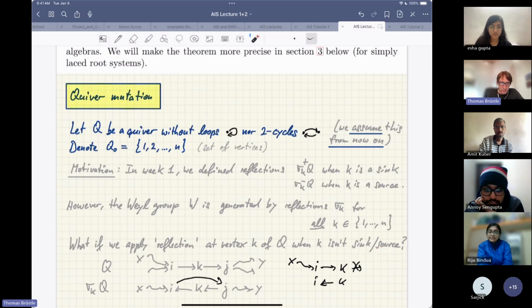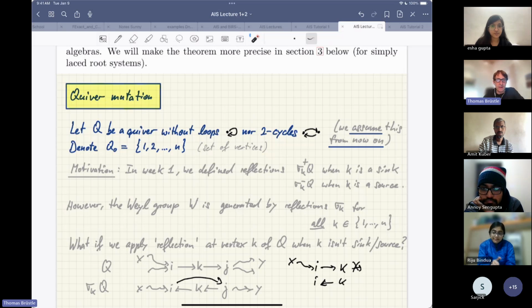But what shall we do? Is there some kind of a reflection at a vertex K which is not a sink or a source? So that was my original motivation. Why would we define that cluster mutation to start with?